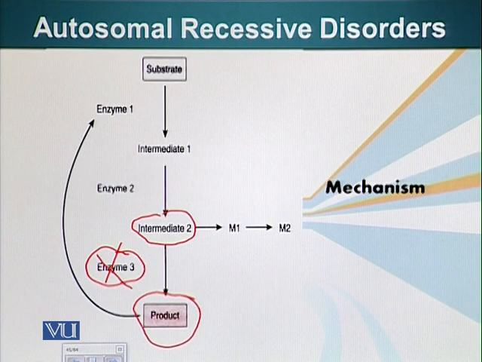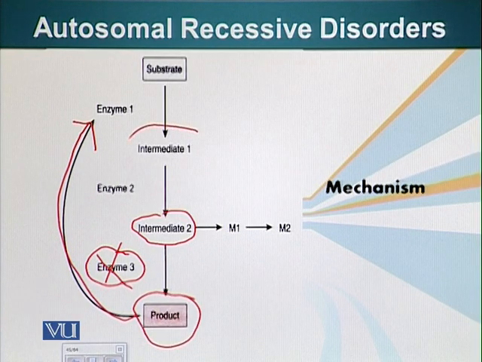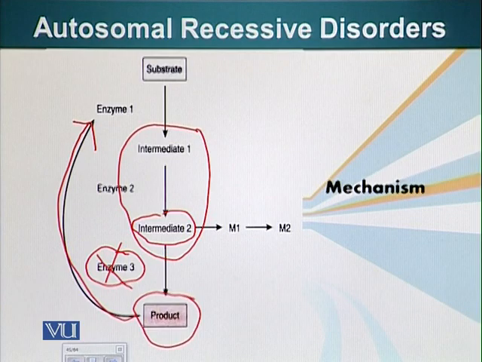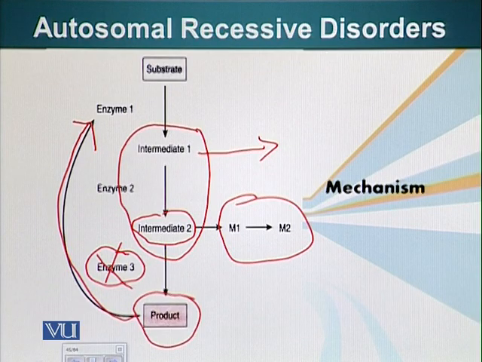The other reason why enzyme mutations can cause the disease is, please note that this product is basically inhibiting enzyme number 1. This is the commitment step in this process. Once enzyme 1 converts substrate into intermediate 1, this process has to follow. Because if this doesn't follow, the intermediates here, 1 and 2, can go to the side metabolic pathways and result in toxic byproducts.